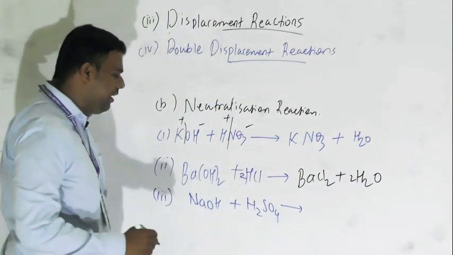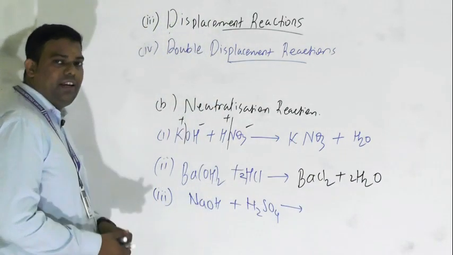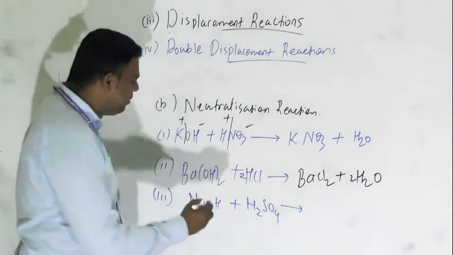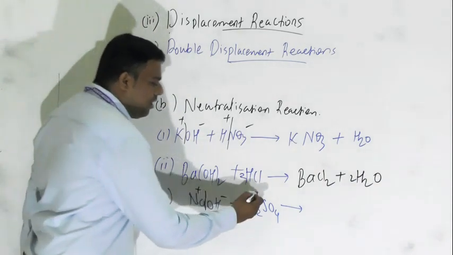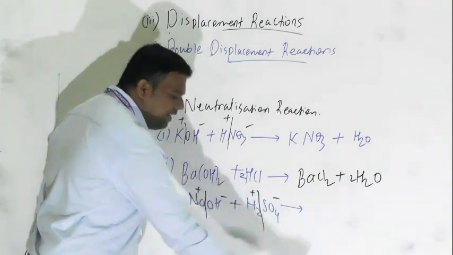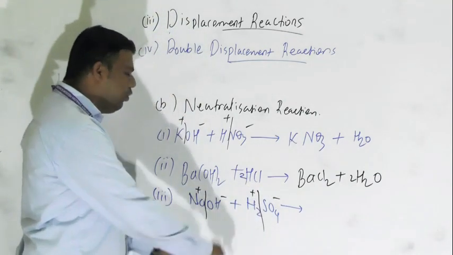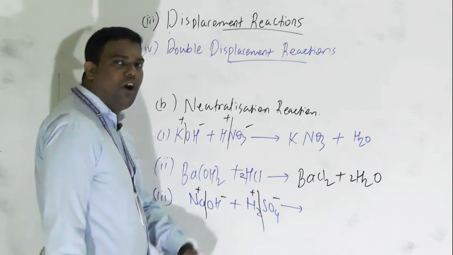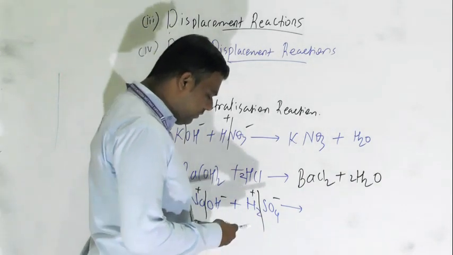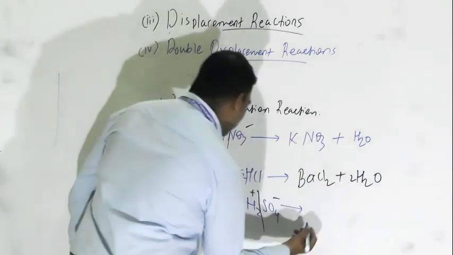So what will you get? Yes, breaking of this compound. So Na plus OH minus, here H plus, and this sulfate minus. The old bonds will break and new bonds will form. So here what will you get?